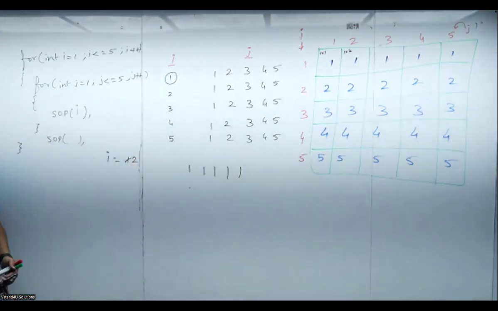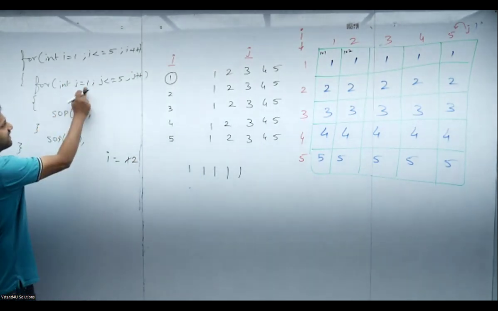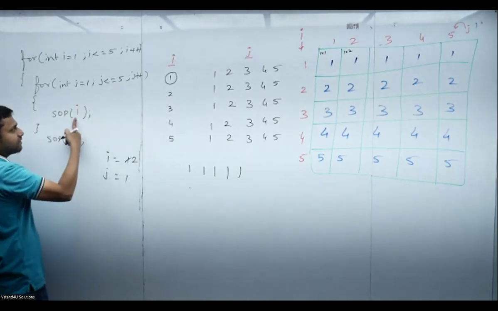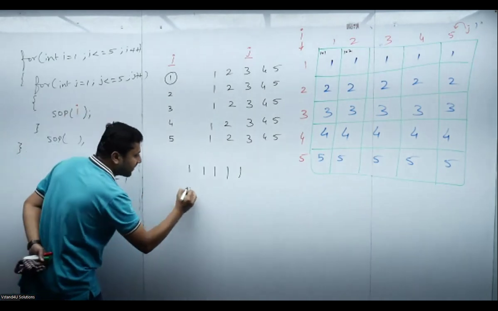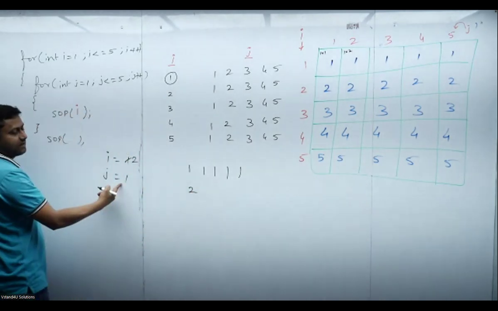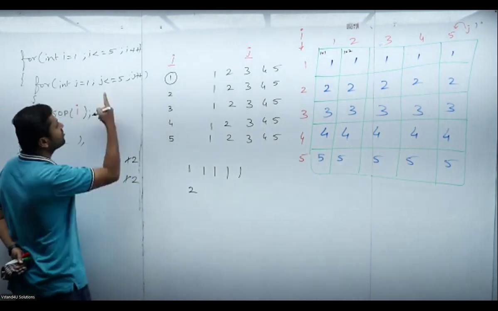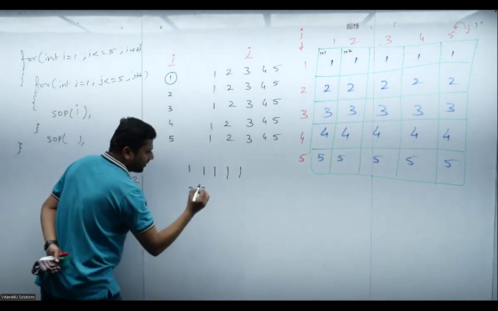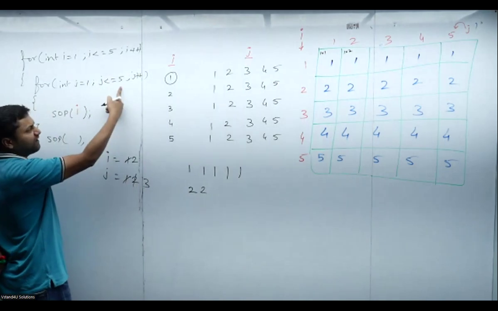After this, I will become 2, less or equal to 5 condition. Then once again, J is equal to 1, less or equal to 5. Print. Now what is the value of I? 2. So print. Okay, sir. Done. Then J will be incremented to 2, less or equal to 5. Then print. Then J is incremented to 3, less or equal to 5.